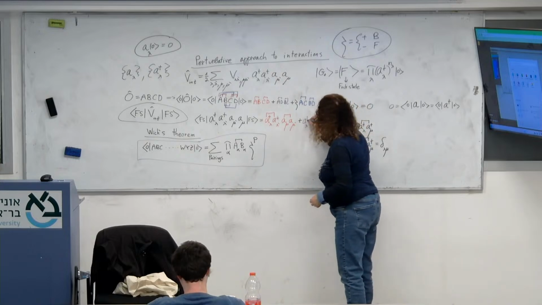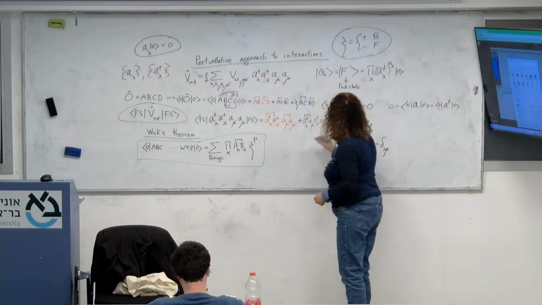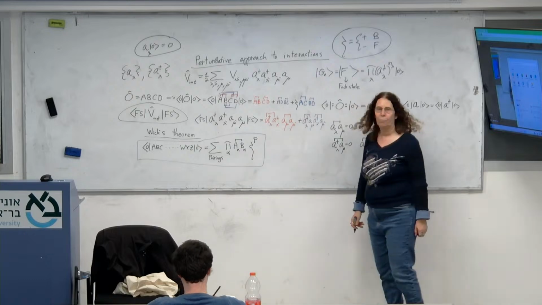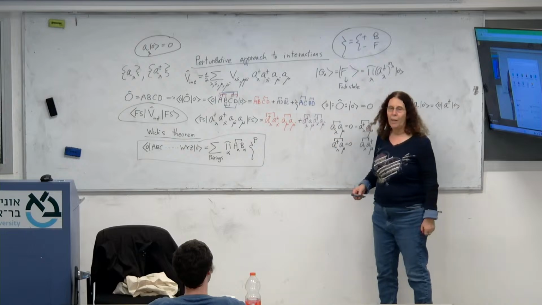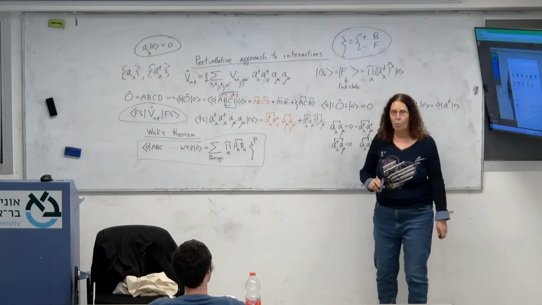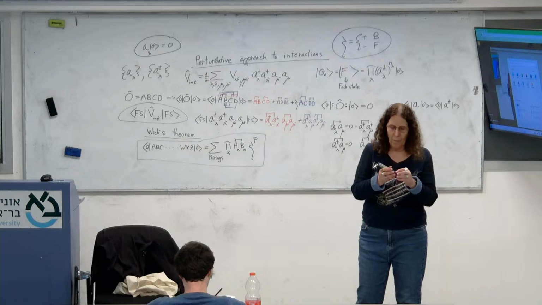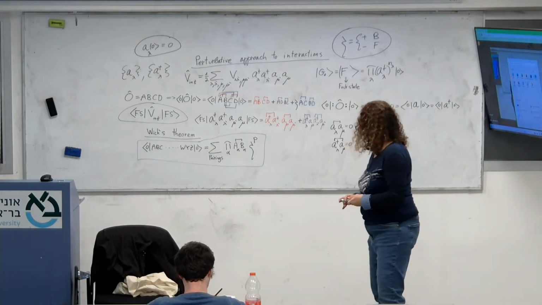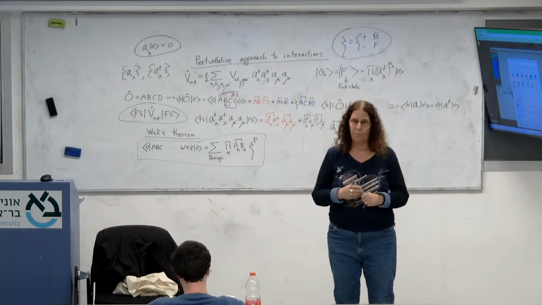It's A lambda dagger A mu and A lambda prime dagger A mu prime. These things can be non-vanishing provided some condition on the mu's, and we'll do it next time, but it gives something that depends on the occupation of these quantum numbers inside the Fermi sphere.